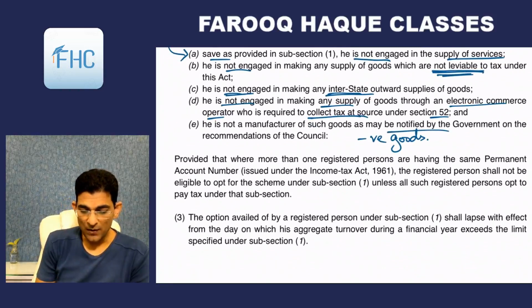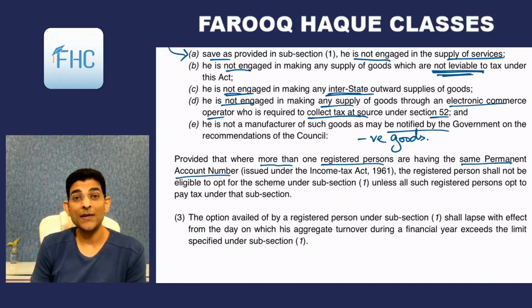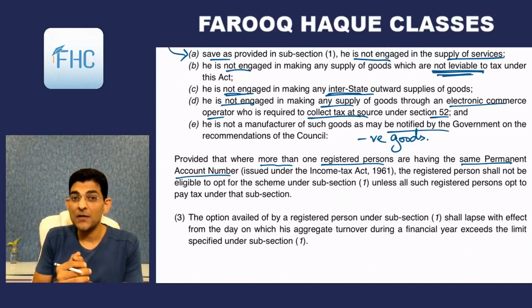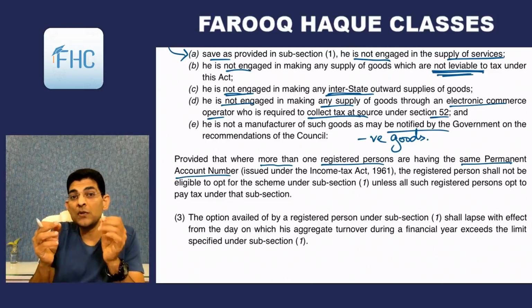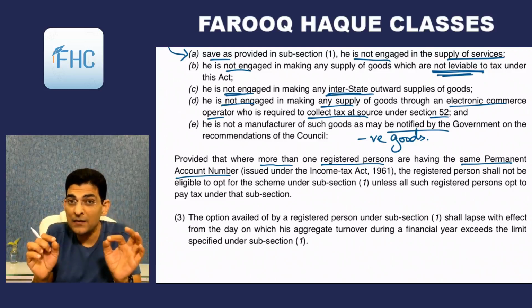Then, provided that where more than one registered persons are having the same PAN. This is that example I told you now, that I can have multiple branches in multiple states. So they will all be registered with the same PAN. So I have got multiple registrations with same PAN.